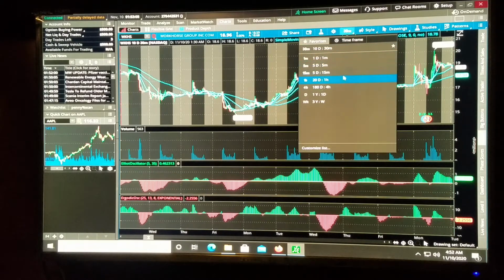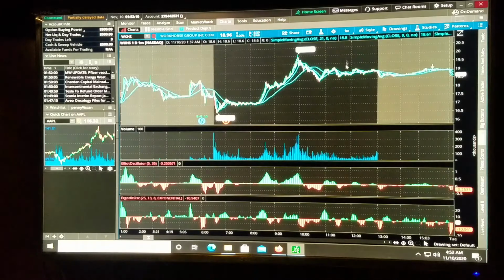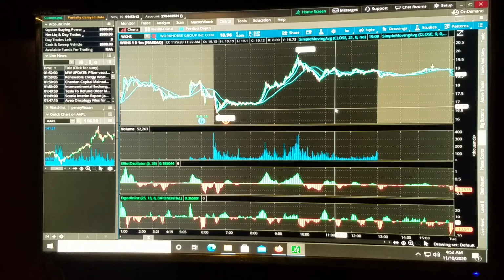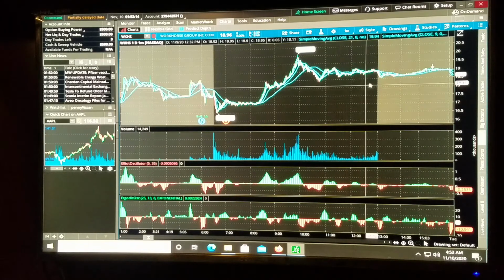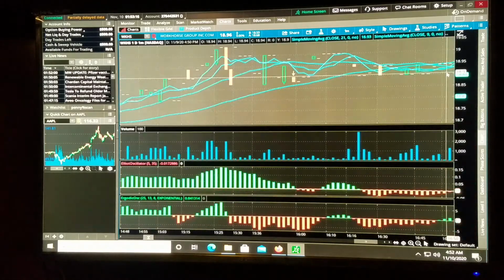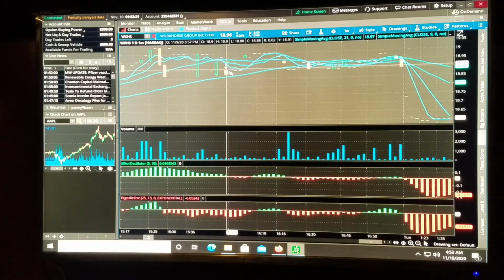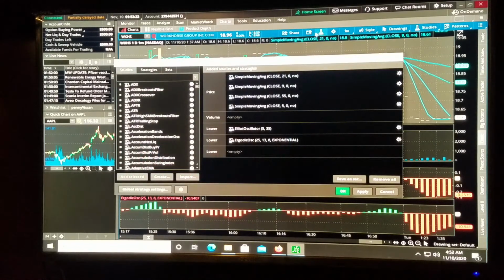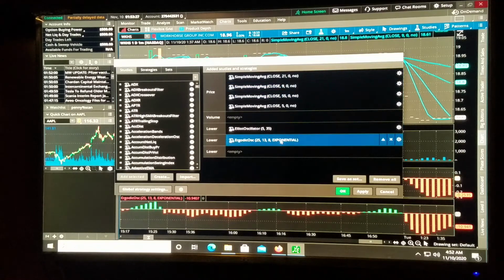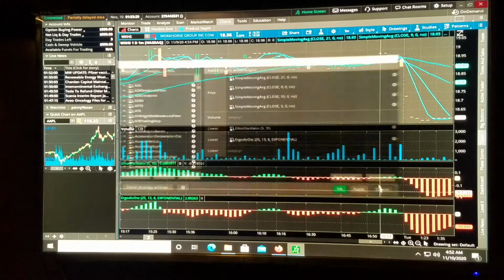But also different strategies work on different time frames. So let's keep that in mind as well. Look at this big giant arrow down right there. Why is that big arrow there? I don't know why it's there.